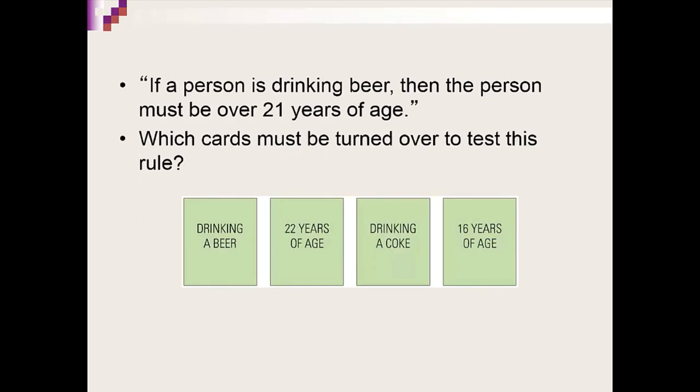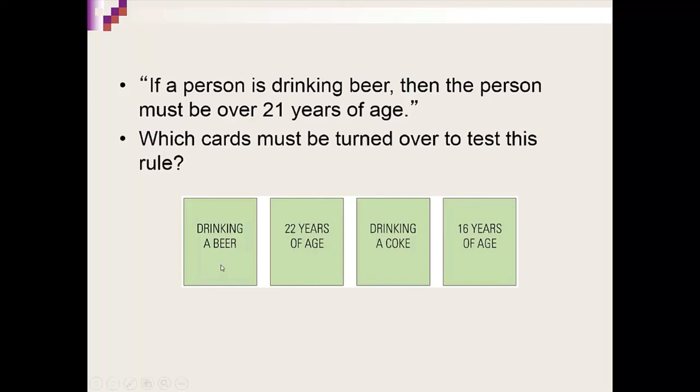Let's take a look at a very similar problem that feels much easier because it has a familiar context to it. Now the context is that we're dealing with a rule about drinking and the drinking age. So the rule is if a person is drinking beer, then the person must be over 21 years of age. Your job is to see which cards must be turned over to test this rule.